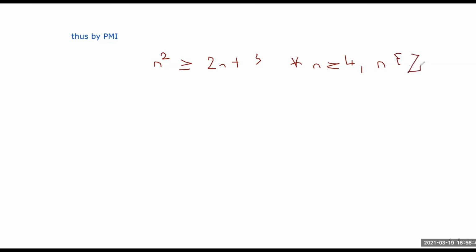We could just say natural number. Therefore, by PMI, this is true for all n greater than or equal to 4. Nice and easy.